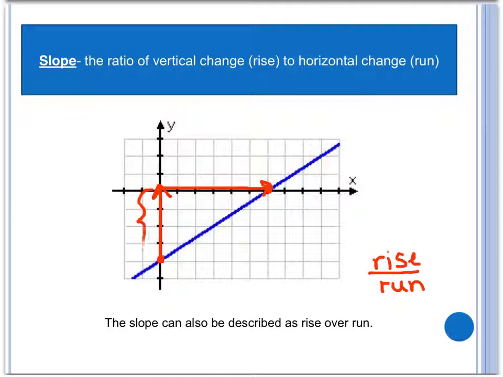The vertical change is found by subtracting the y-coordinates of the endpoints. The horizontal change is found by subtracting the x-coordinates of the endpoints.